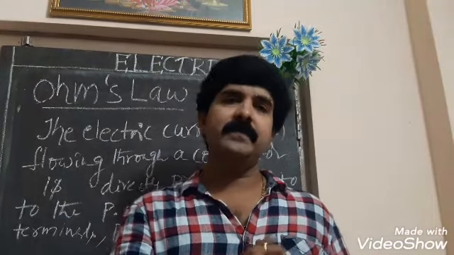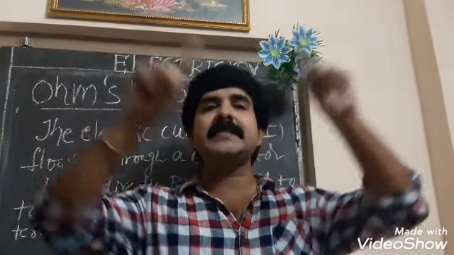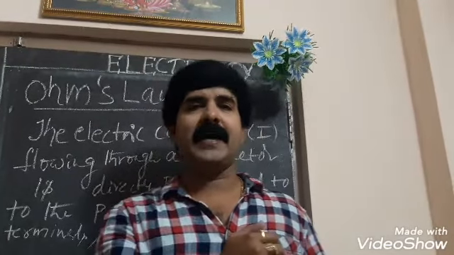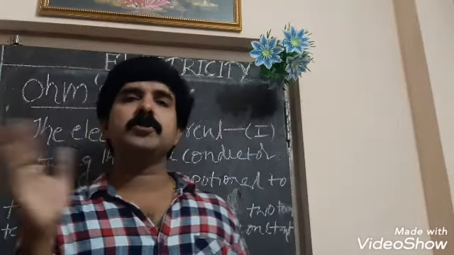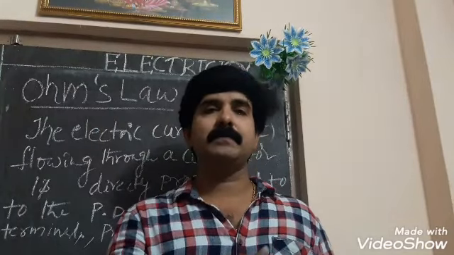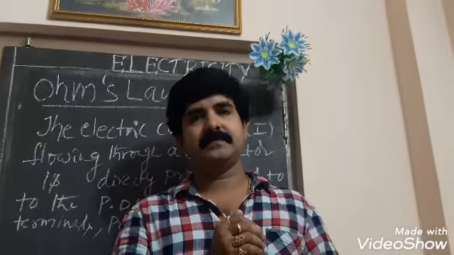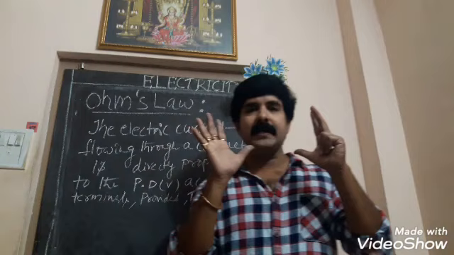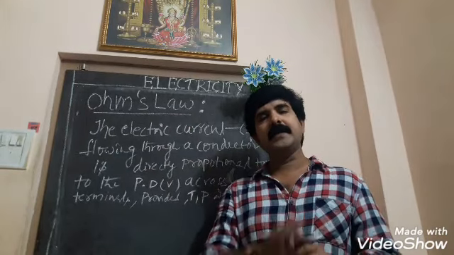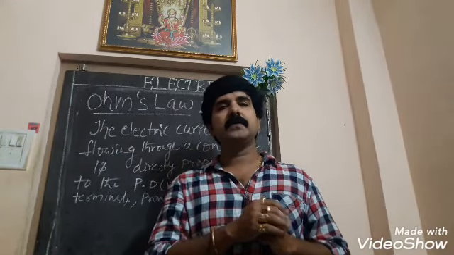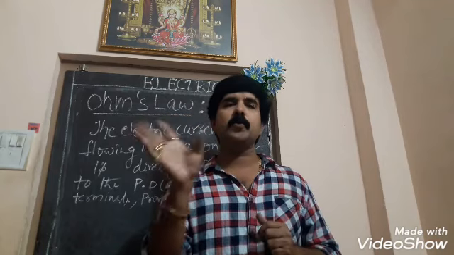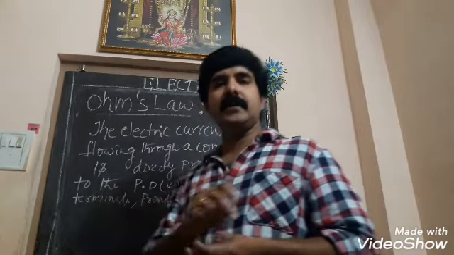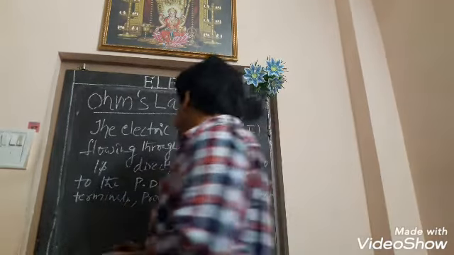He says that the current flowing in the circuit, which we denote as I, is directly proportional to the potential difference between the two points or the two terminals.